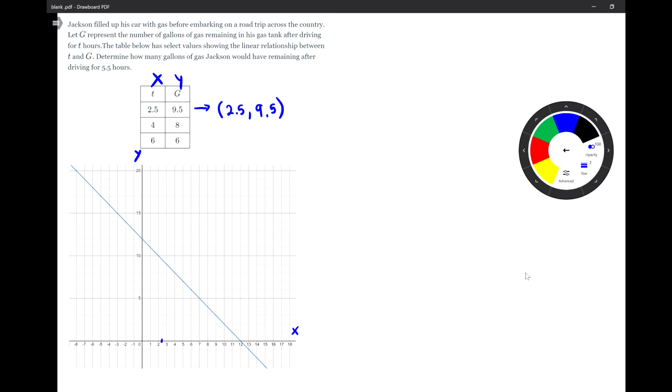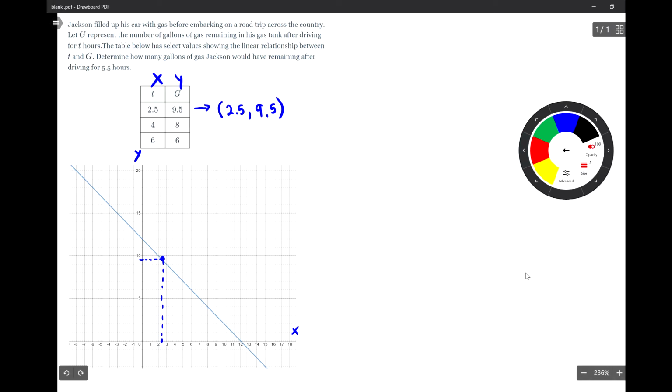And 9.5 on Y will be between 9 and 10, so somewhere right here. If you trace them like this, you see they meet at one point right here. This is the first point.